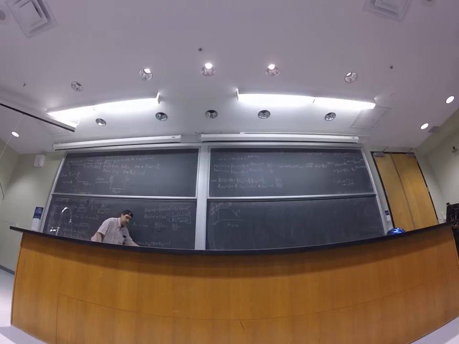Y equals number minus x. That's a straight line with slope minus 1. Okay? So, as omega goes to infinity, I'll have this straight line asymptote.